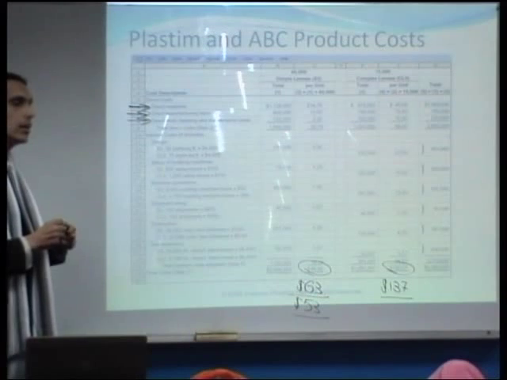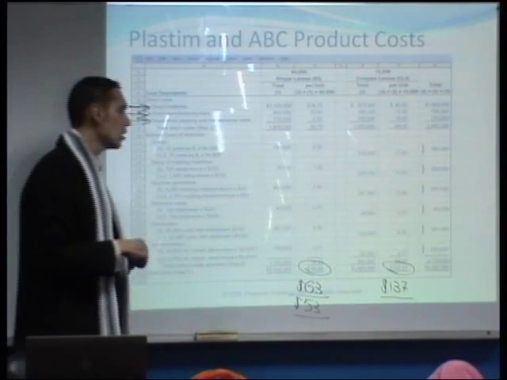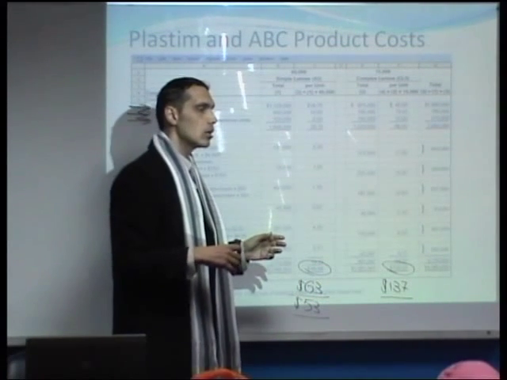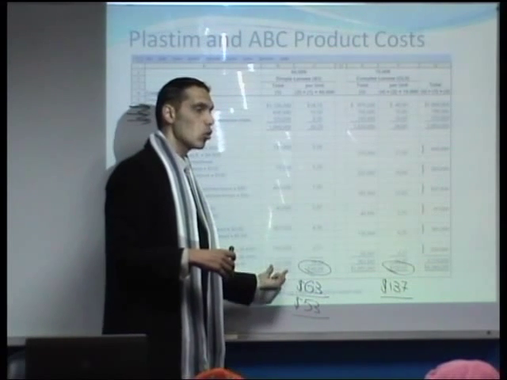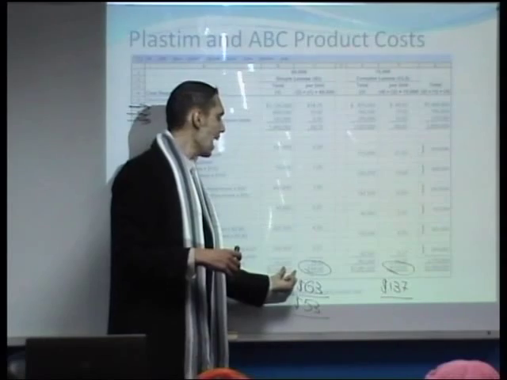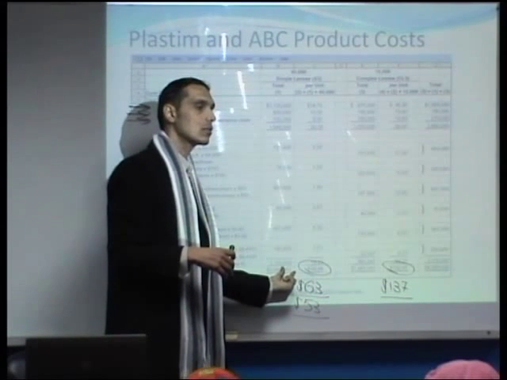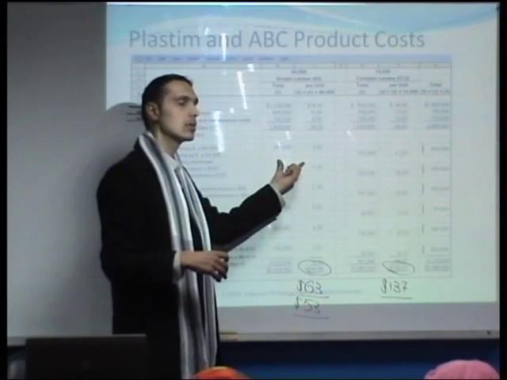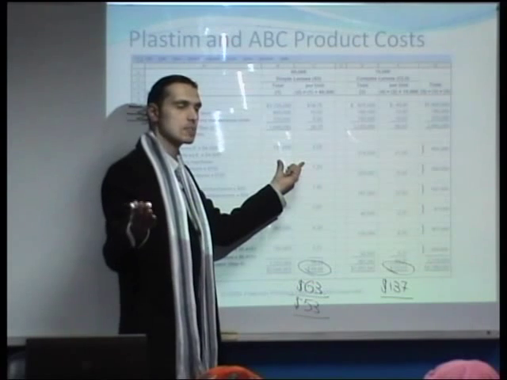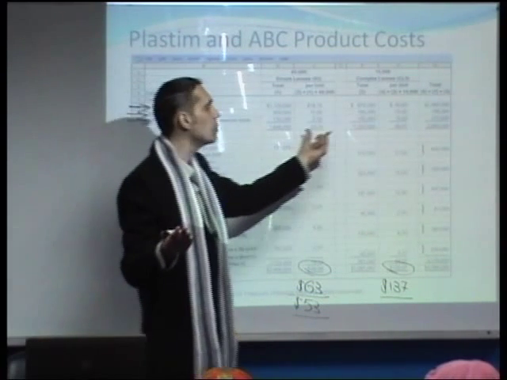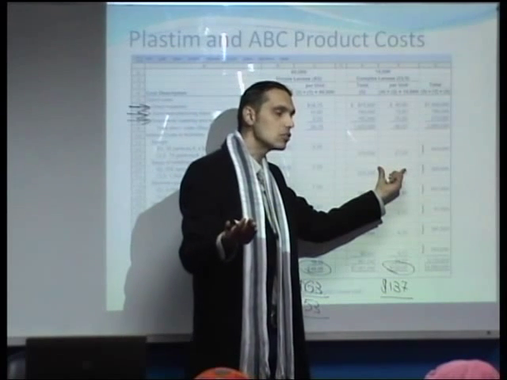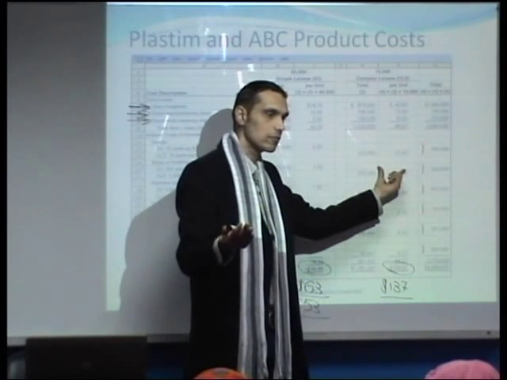As we can see here, according to the activity-based costing, we have been over-costing our S3, and according to the cross-subsidization that we discussed earlier, we have also been under-costing our CL5.